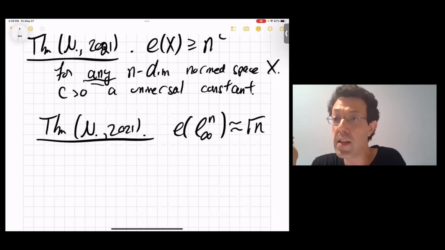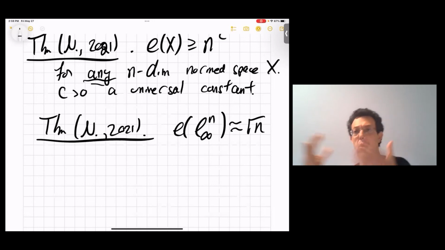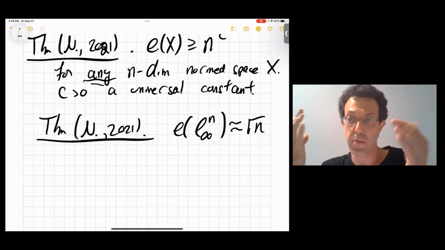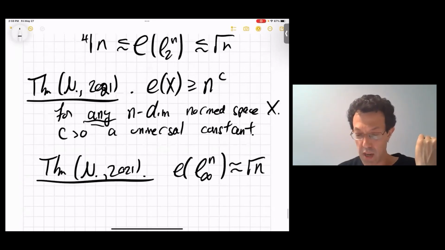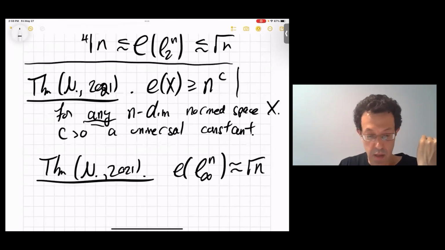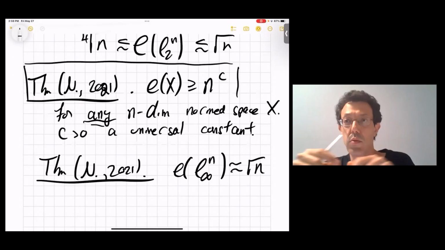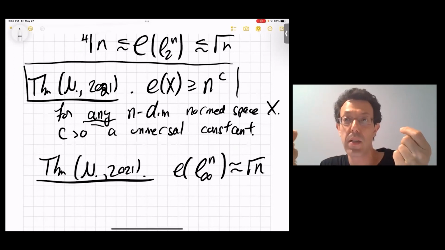I should have said that in all of these things there are two sides: a lower bound and an upper bound. A lower bound is to find a way to show that you have to cook up some function which is one-Lipschitz, but is not a restriction of any function with a small Lipschitz constant.